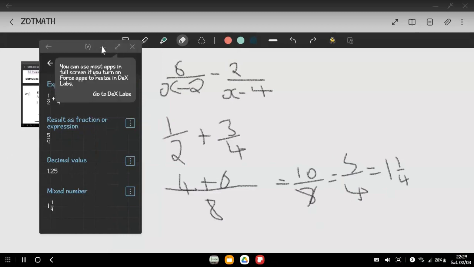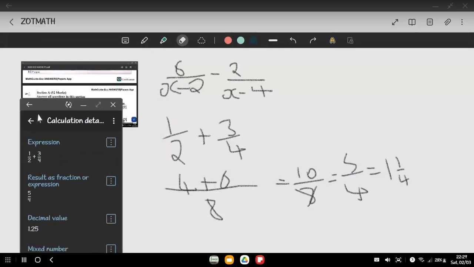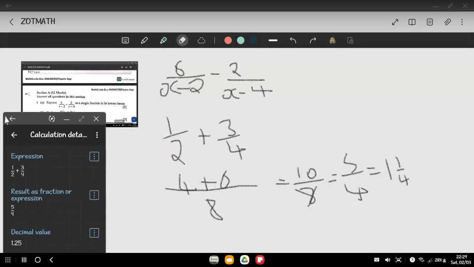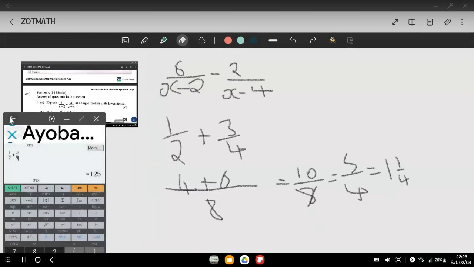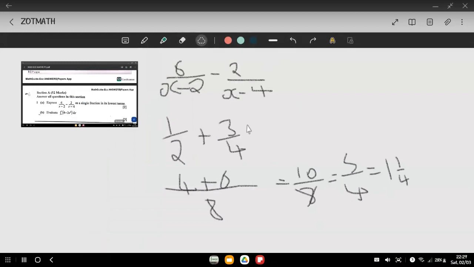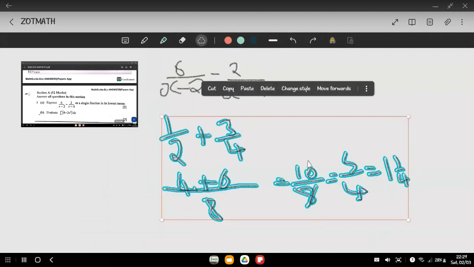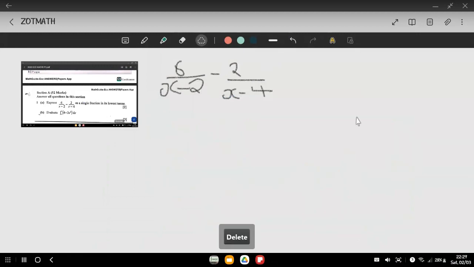So now let's just put this calculator away. Let me just put it here, okay? So what we are going to do is, let's rub this. We don't need this, okay? Now we are going to do the same thing with this. So let's find the lowest common factor.